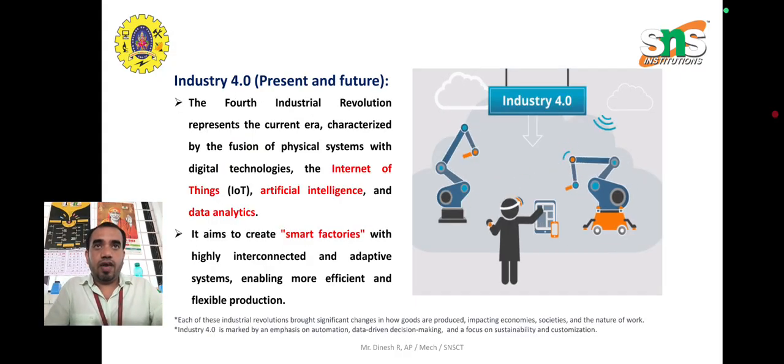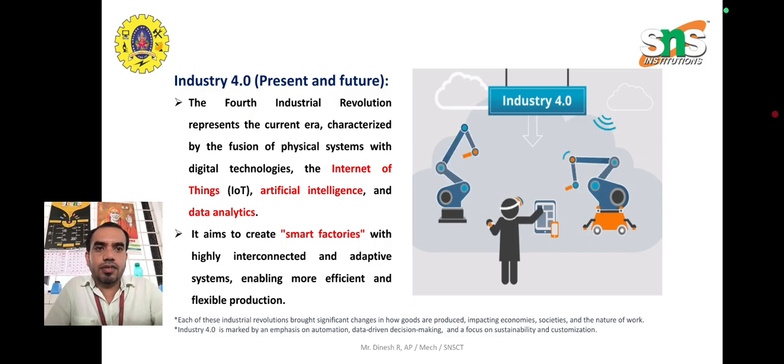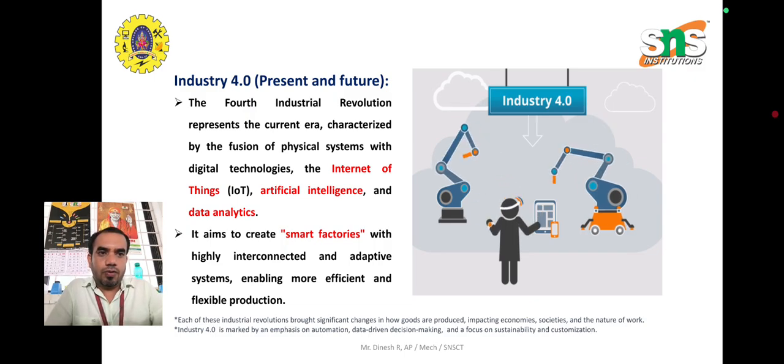Next, this is where we are, which we call Industry 4.0, the present, and which is also the future. Okay, so in this animation you can see a robot arm which is controlled by means of a remote, right?